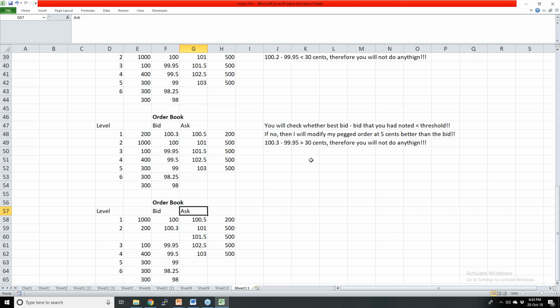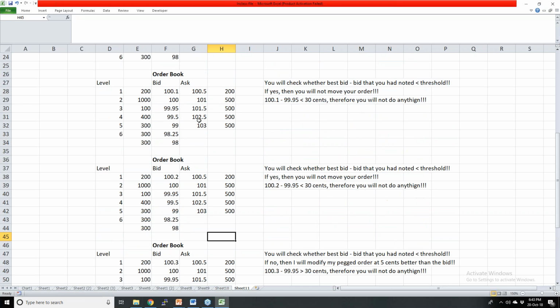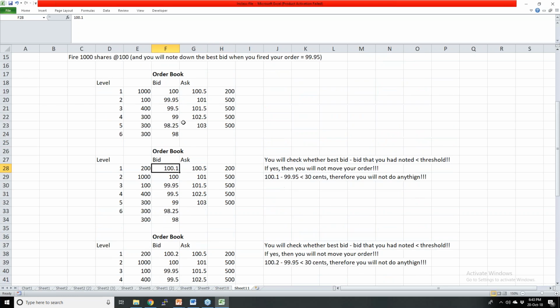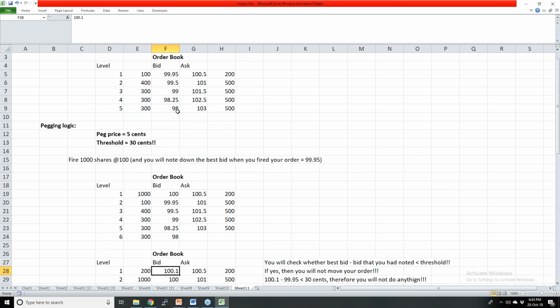Yes, the threshold is protecting you from pegging, right? So I will only move if the best bid has moved more than my threshold, right? Is this clear?